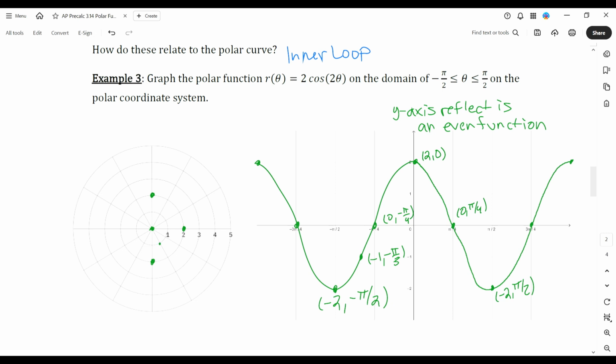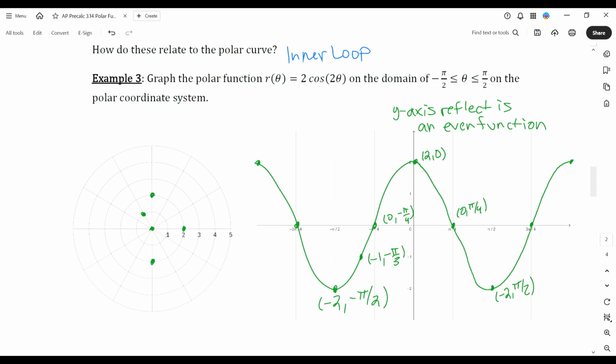Then it is reflected across. Then at 2 times cosine of 2 times negative pi over 6, that is 1.